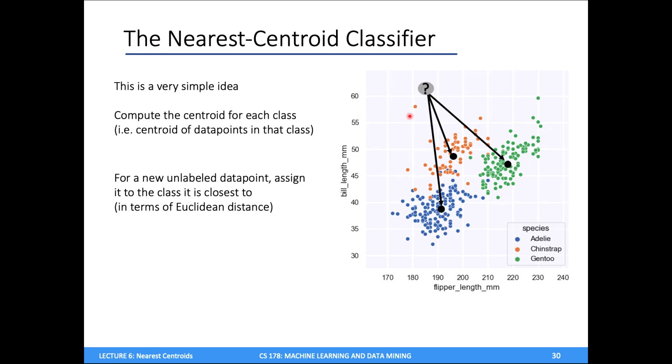Whichever centroid is closest to my gray dot, that's the label that I'm going to predict for this unknown data point. So in this case, probably the orange point is closest to the gray dot, and so I'll predict chin strap for this new data point.